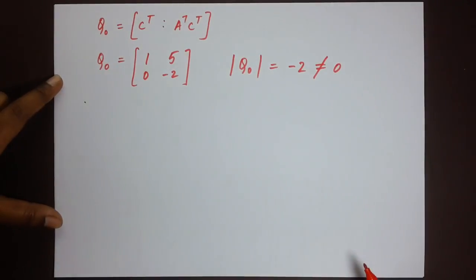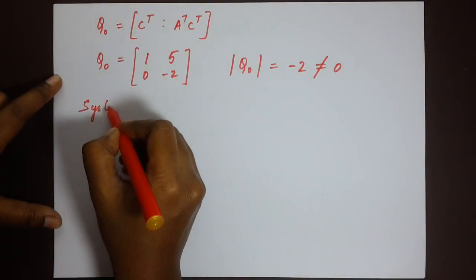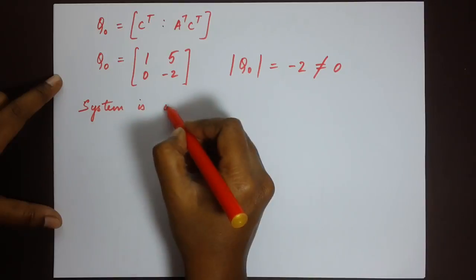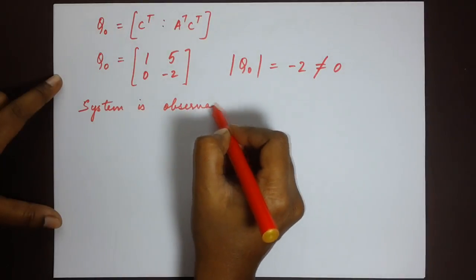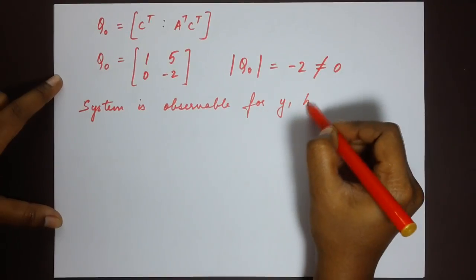So we already have it. We don't have to calculate for y2. So in this case, the system is observable for y1 being the output.